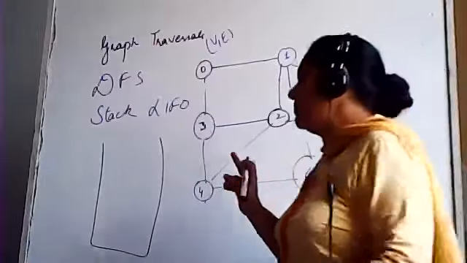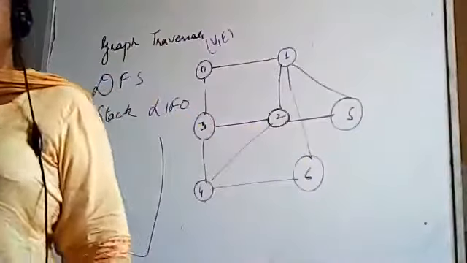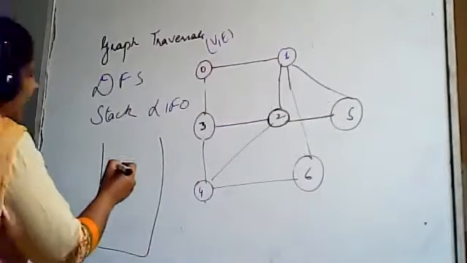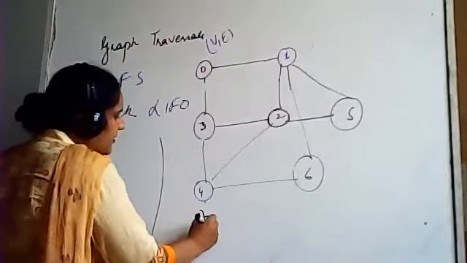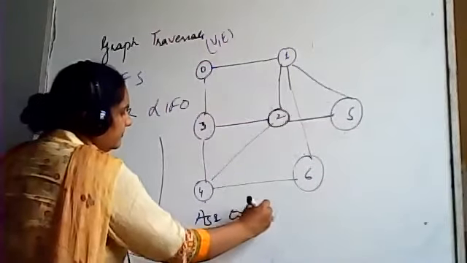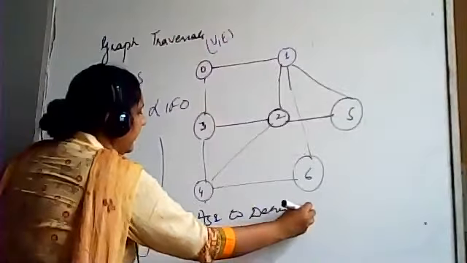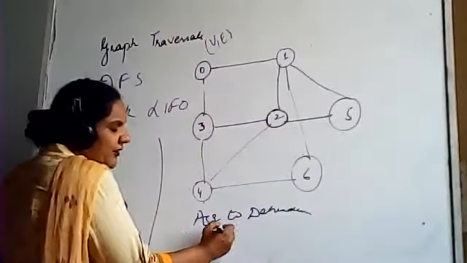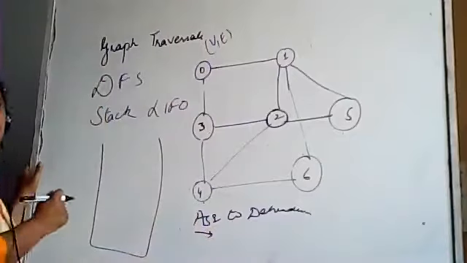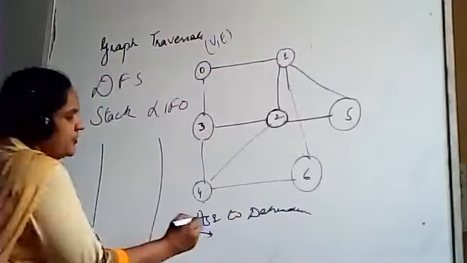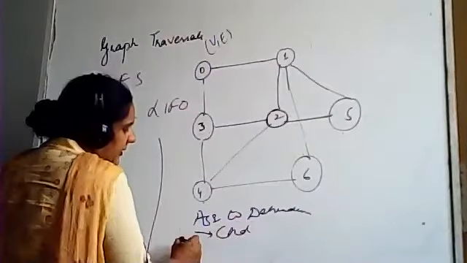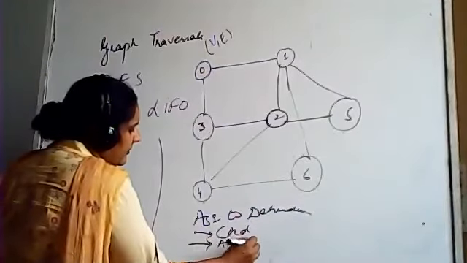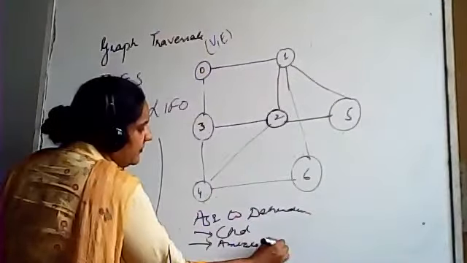See, the GPS you use is following both depth first search and breadth first search. For example, suppose you have to move from Amritsar to Dehradun. One route is via Chandigarh, another is via Ambala, and so on.